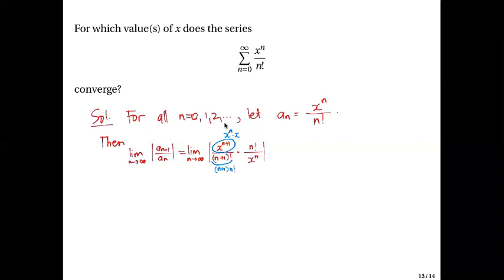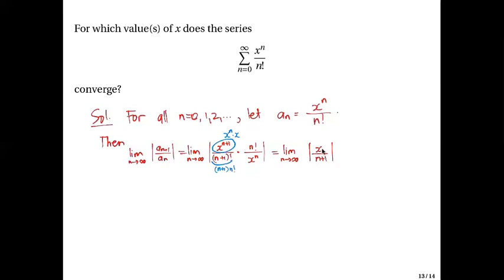So you can cancel the x to the n and the n factorial, which means that we have the limit as n approaches plus infinity of the absolute value of x over n plus 1.